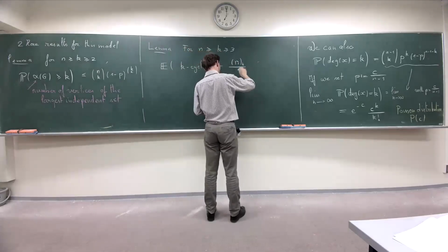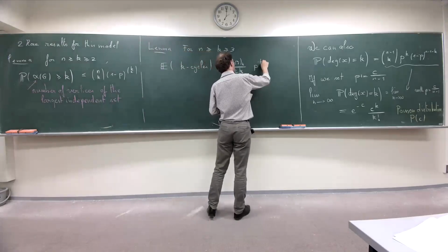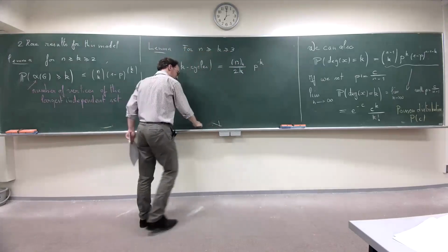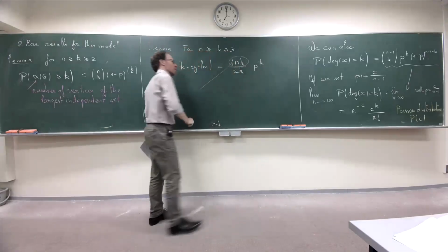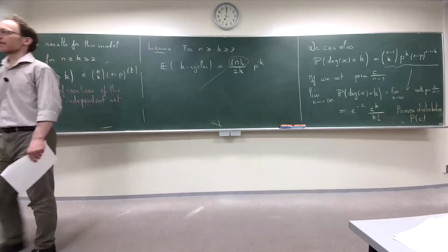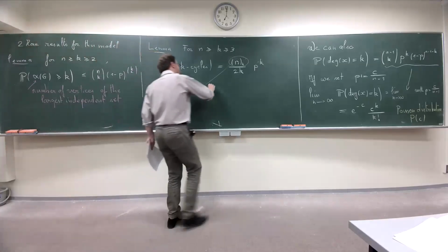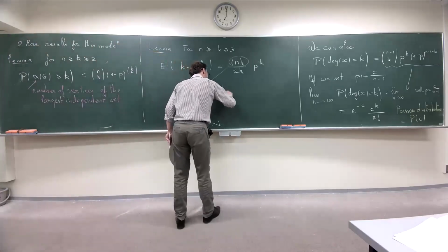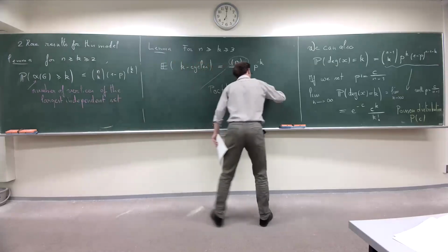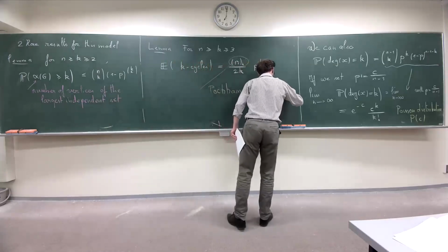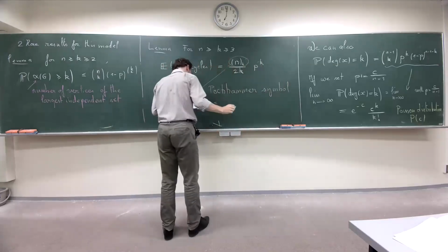n_k times p^k over 2k. What is this n_k? I have not used it yet. I don't know if somebody has seen this notation. It's called the Pochhammer symbol.